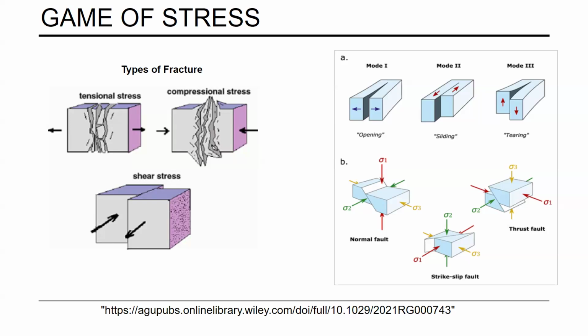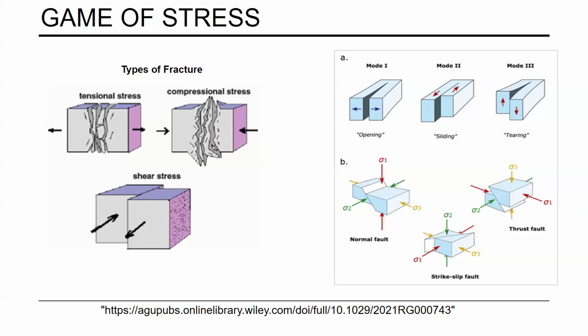We have a number of plates which are on the mantle, and they are basically either subducting or colliding with each other. These are the primary reasons for stresses which are formed on the Earth's surface, and this leads to generation of faults.